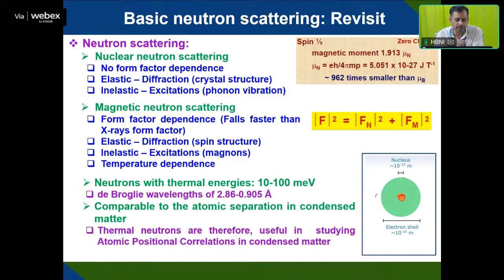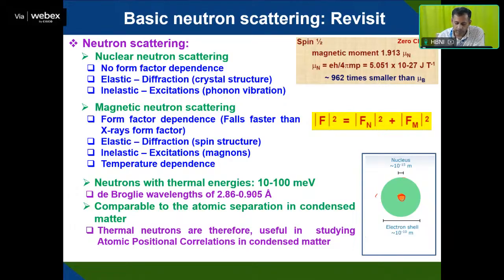Here there is no dependency. In the case of magnetic interaction, there is form factor dependence, so it falls faster. For nuclear neutron scattering, it doesn't depend. There is also temperature dependence in the case of magnetic scattering.